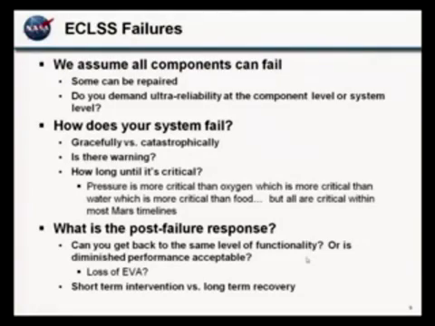So when you're looking at a system that includes recycling, you're probably also looking at a system that includes stored consumables in order to bridge the gap when you have failures. And then when you think about your failures, how are you going to respond? There are some things that are going to be so critical you absolutely have to get back to full functionality, like being able to control the level of oxygen in the habitat, right?